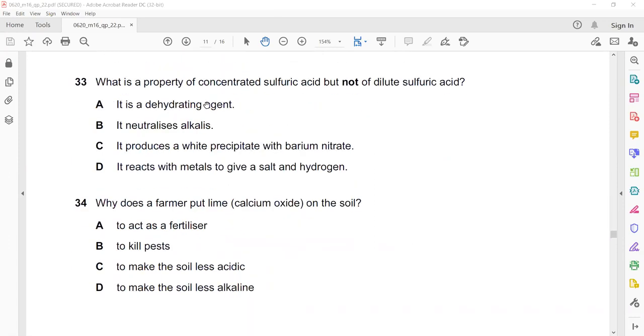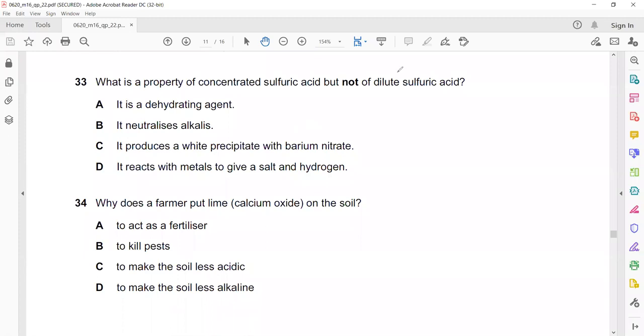Question 33. What is the property of concentrated sulfuric acid but not dilute sulfuric acid?